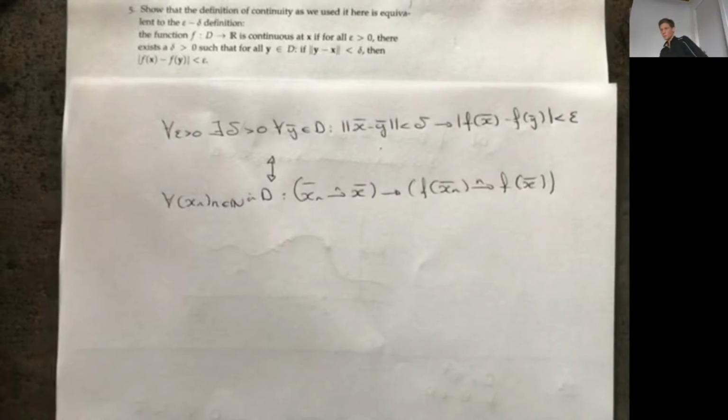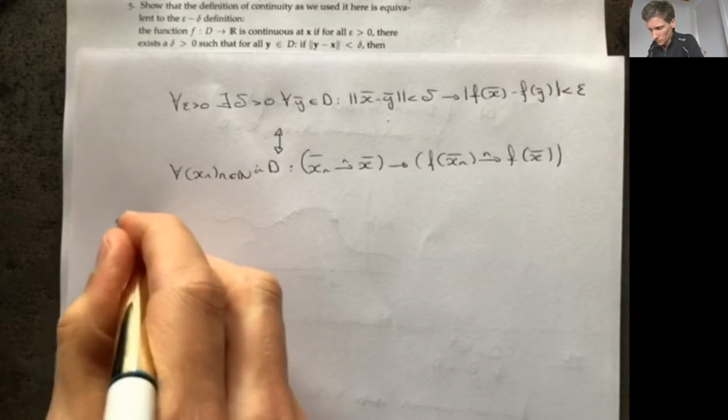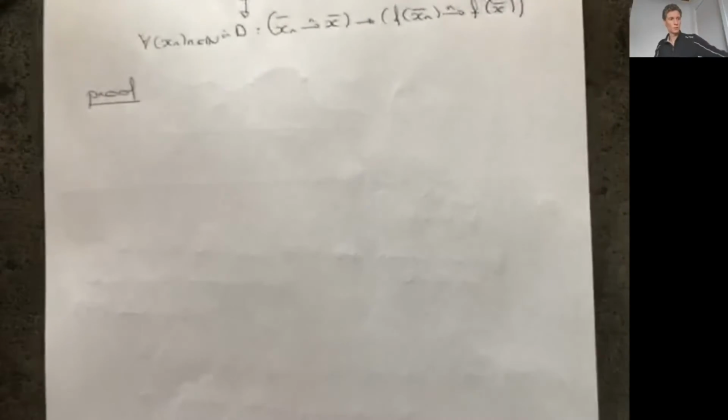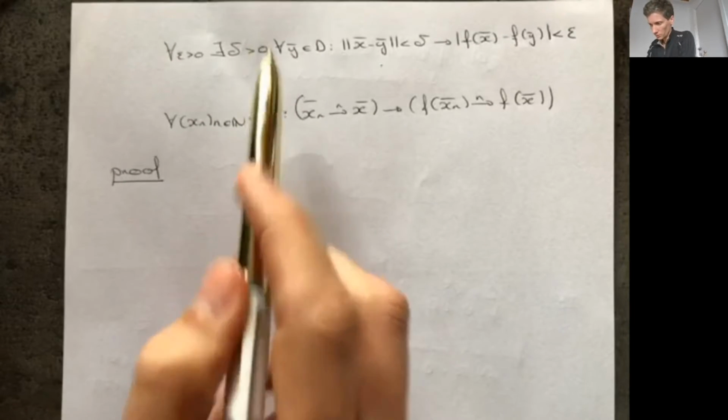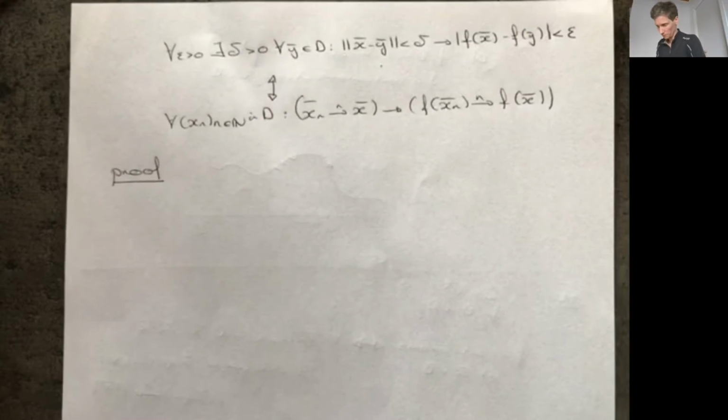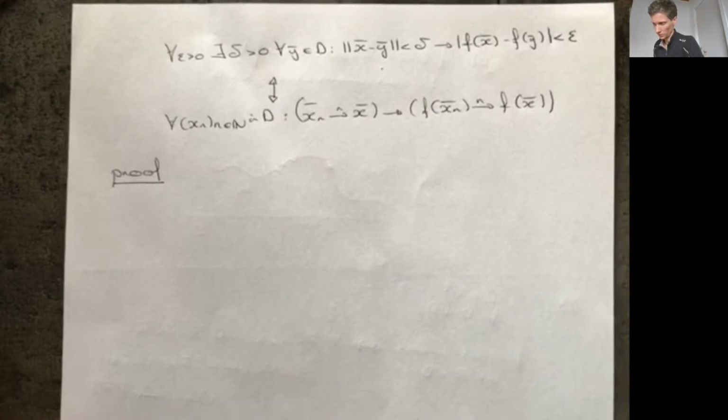Okay, so we need to show that these two definitions are equivalent. So let's try to prove this. This is an if and only if condition, so you have to show that the top implies the bottom and that the bottom implies the top.